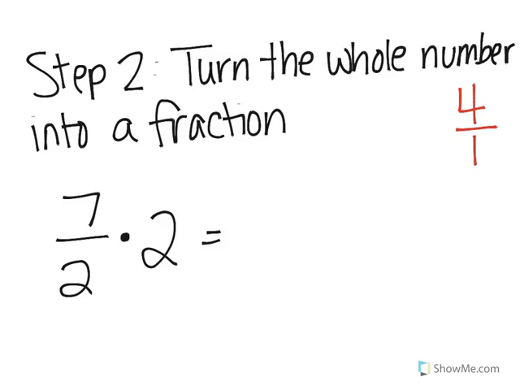If we turn it into a mixed number, how many times does 1 go into 4? Well, it goes in 4 whole times with nothing left over. So it's the same as 4. So we're going to rewrite this as 7 over 2. Here's our whole number. We're going to put it over 1. 2 over 1 means the same as 2, because how many 1's go into 2? 2 wholes.